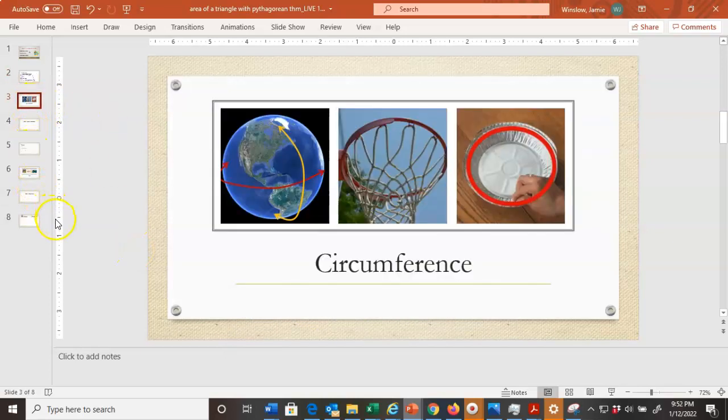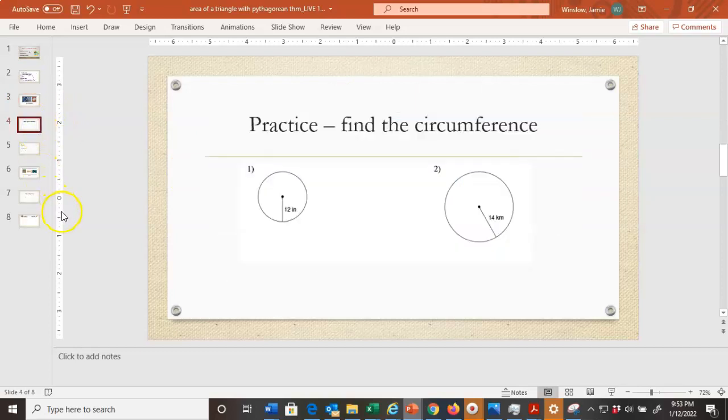So we're going to talk a little bit about circumference and area today, and I just wanted to show you guys some images on how we use circumference in our world, certainly like the distance or length around the basketball hoop, around a pie dish, the circumference around the globe. So the circumference formula is on your formula sheet.